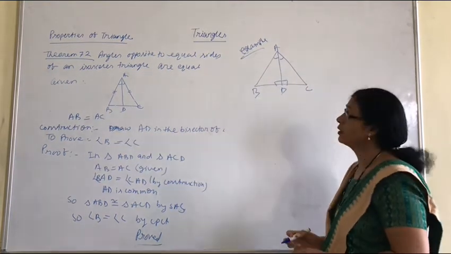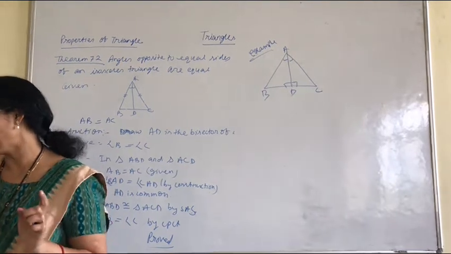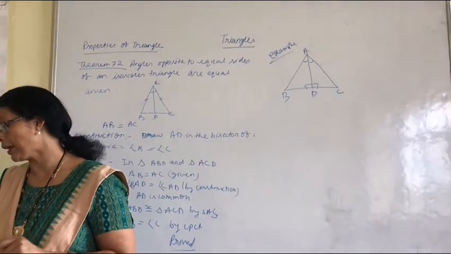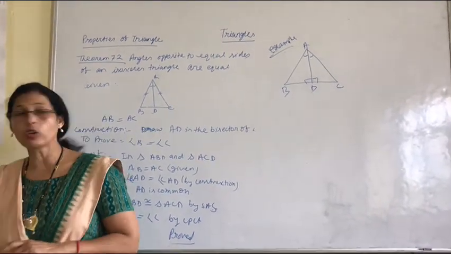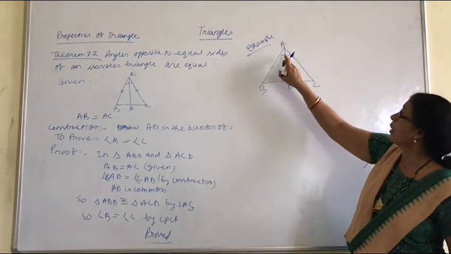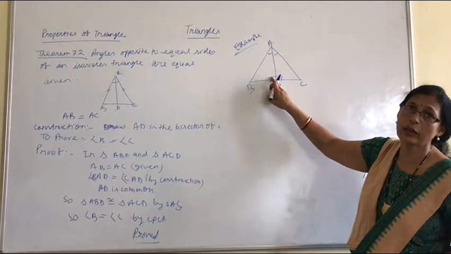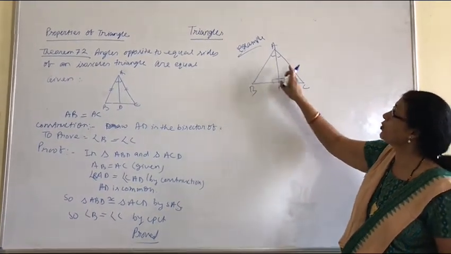Here given: in the triangle, the bisector AD of angle A is perpendicular to side BC. Show that AB is equal to AC. Here given AD is the bisector of angle A and this is perpendicular, and you have to prove AB is equal to AC.